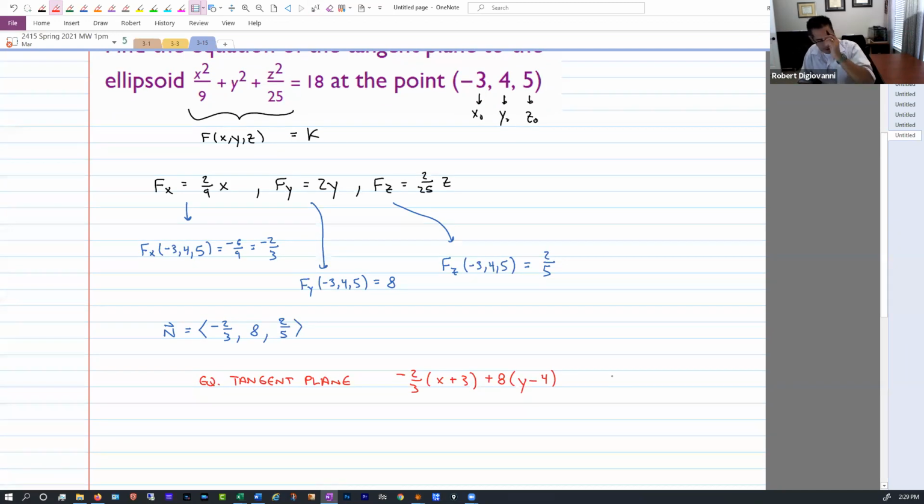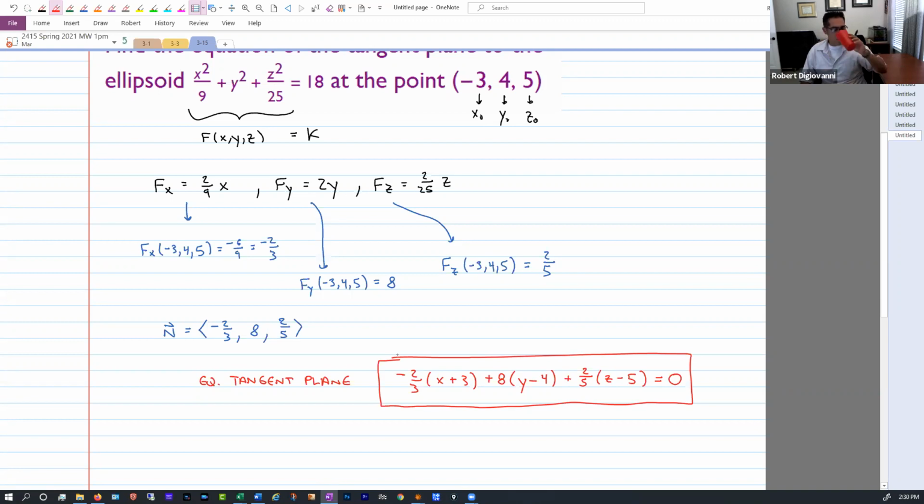That's why that is, yeah, x, I had a minus 3, so that's why it's +3. And then 2/5, and then z minus z naught, which is 5, equals 0. There it is. There's the equation of the tangent plane. This okay?